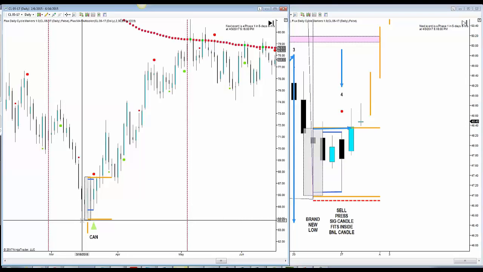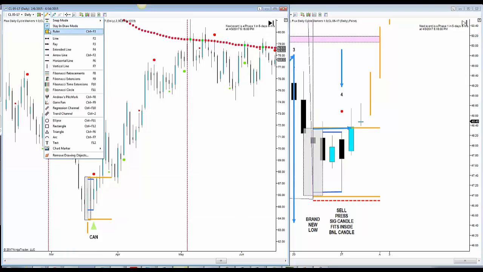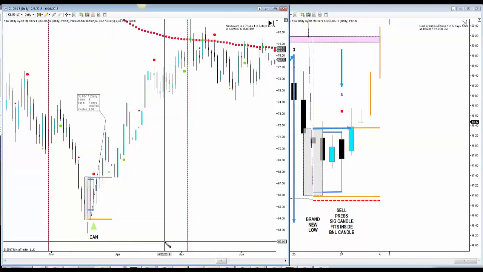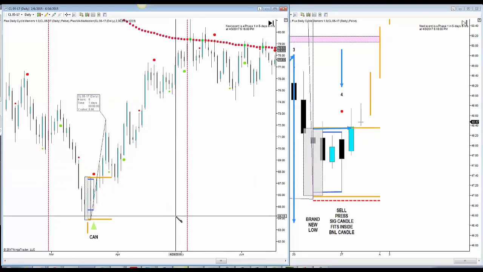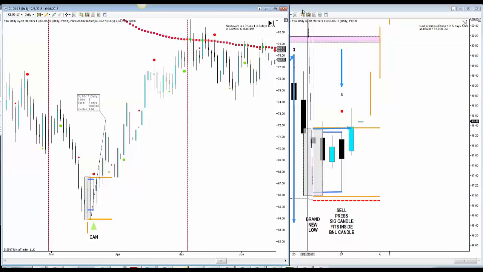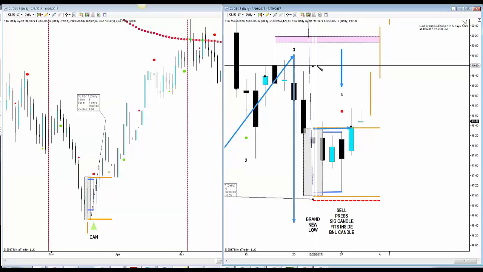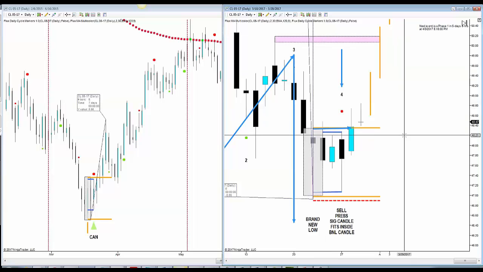How far did it go? Pretty far. From the low, it went up $8.6 before the phase one. $8.6 is how far from the low? That's only 3. Oh my God!